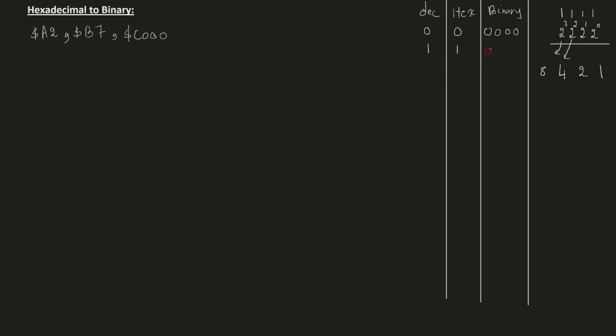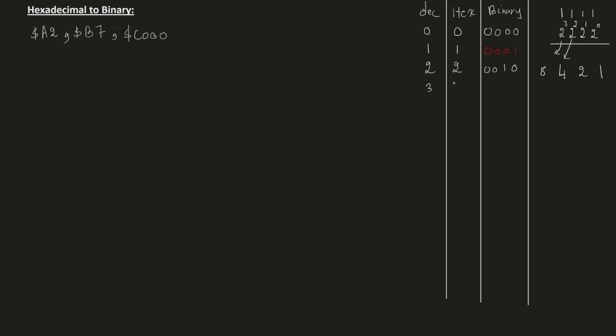So we have 0, 0, 0, 1 in binary. 2 in decimal is 2 in hex. In order to get 2, we need this bit to be 1. So we have 0, 0, 1, 0.